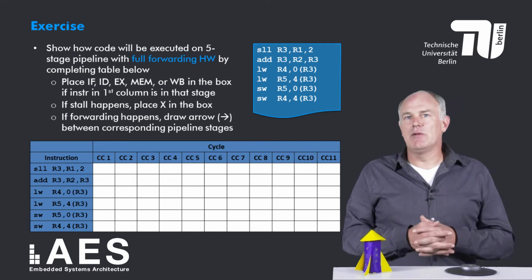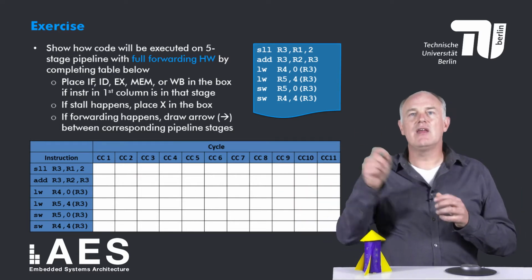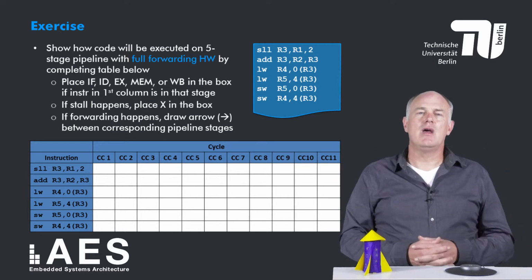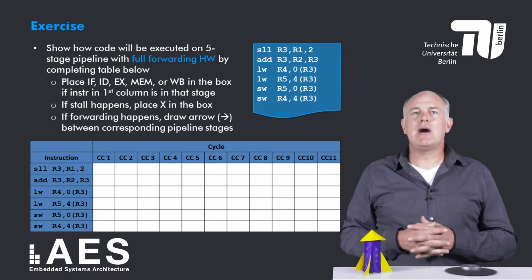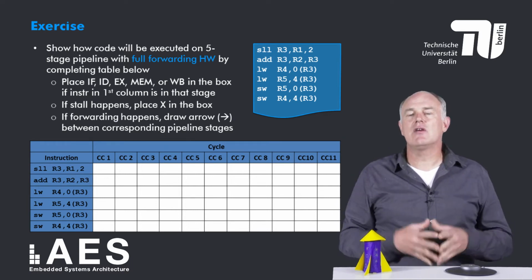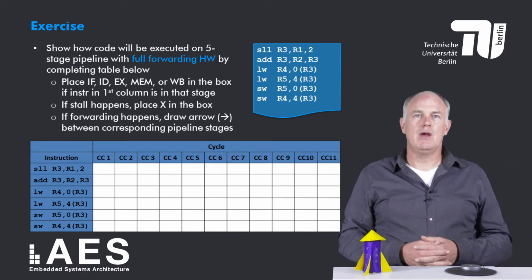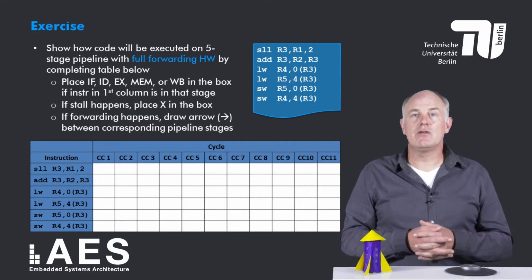Furthermore, if a stall happens, for whatever reasons, during a cycle, place a cross in the box or in the boxes. Finally, if forwarding happens, draw an arrow from the pipeline stage that currently contains the result to the pipeline stage consuming the result. I recommend you to do this exercise yourself before watching the solution.